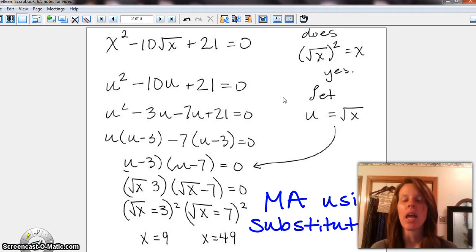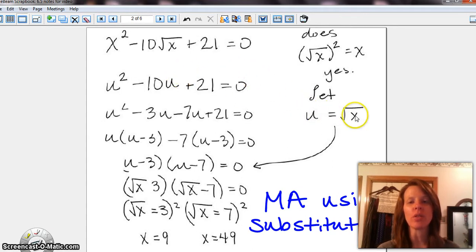Yes, you can. And here's where you do substitution, and you need to get used to this so that it backs up what you're going to do in pre-calculus and in calculus, which for a lot of you, you're going to go on and take some sort of class like that in college. Anyway, so we let u equal the square root of x. When we substitute it in, you see that on the second step.